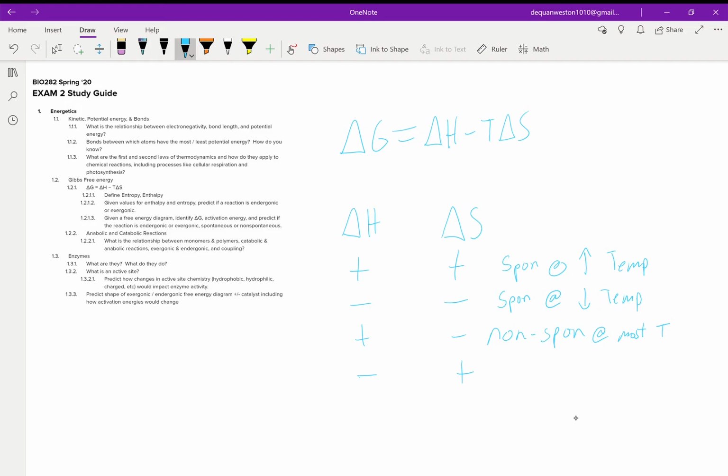So then over here, spontaneous at most temps. Because once again, this could be spontaneous at, I don't know, 0 kelvins, but if you go to like an absolute 0 or something crazy, it's not going to be spontaneous.